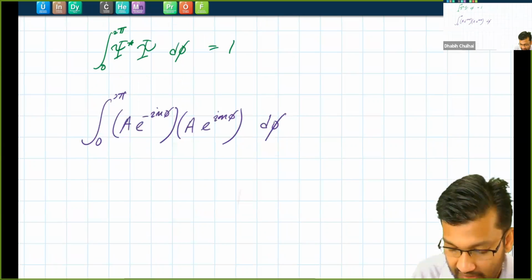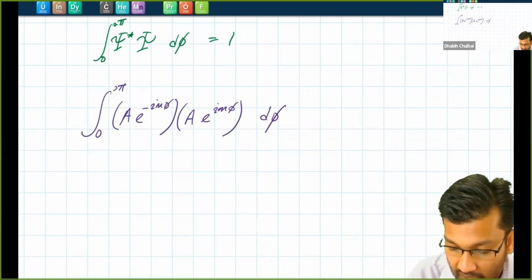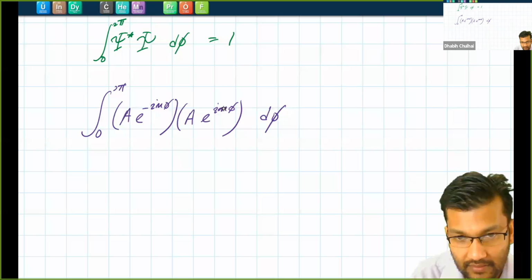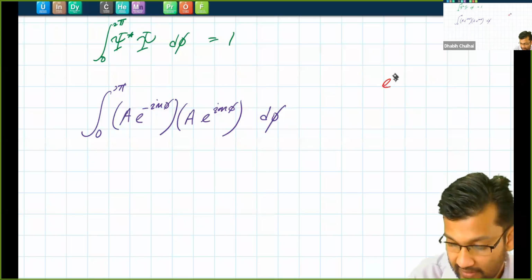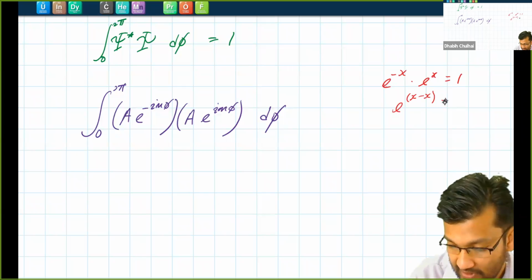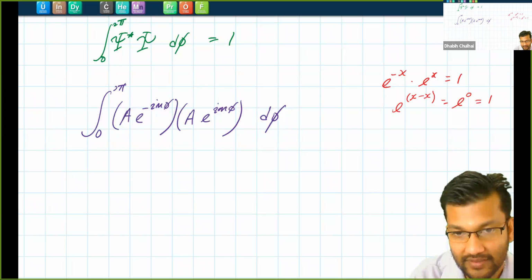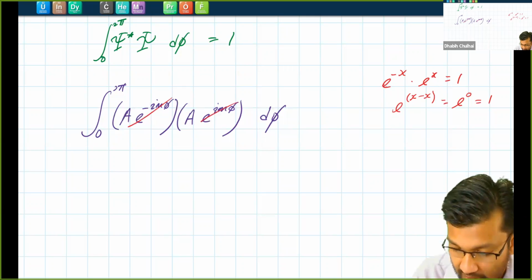But this is e to the negative something times e to the positive of that same thing, and that goes to 1. Like e to the negative x times e to the x is 1, because that's e to the x minus x, which is e to the 0, which is equal to 1. So this whole part becomes 1.